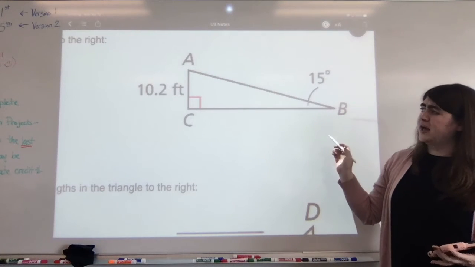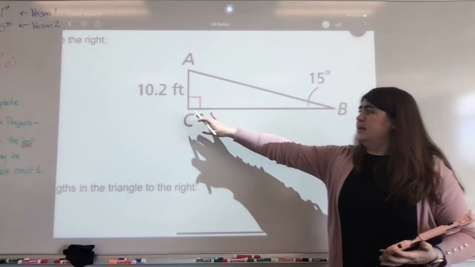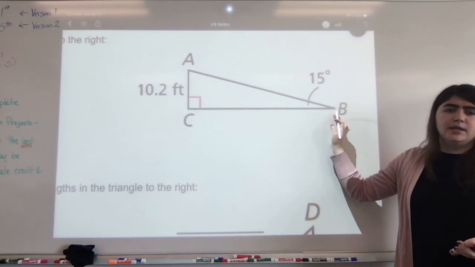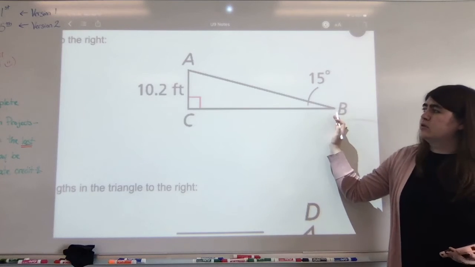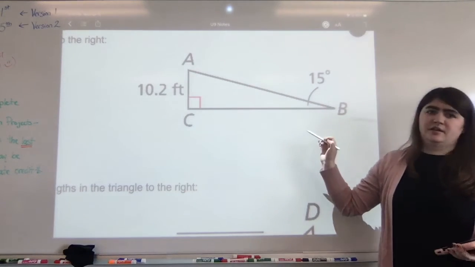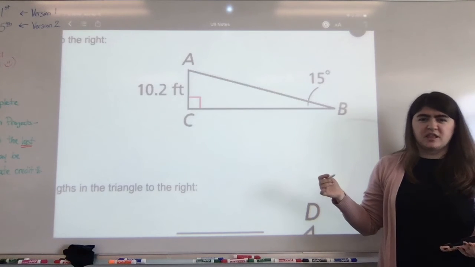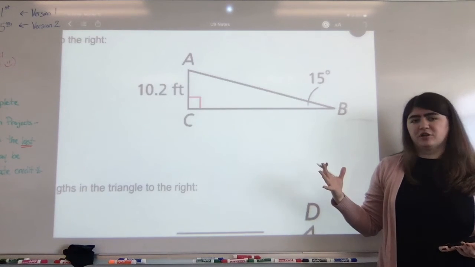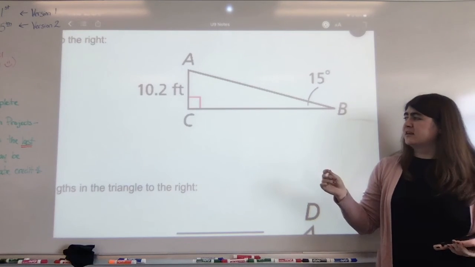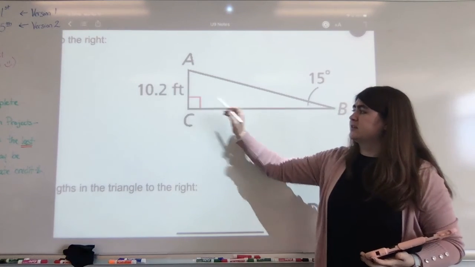So the other side that we do know is 10.2, and that is opposite of 15 degrees. So we need a function that is going to involve the opposite and the adjacent. Only one of our functions does that. That's the tangent function. So we think Sohcahtoa, opposite over adjacent. 10.2 is opposite.